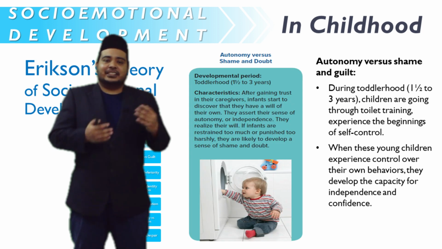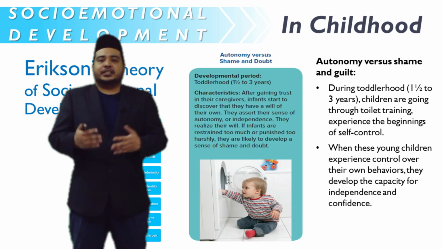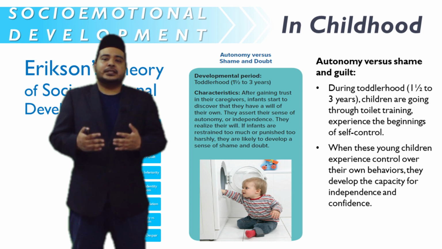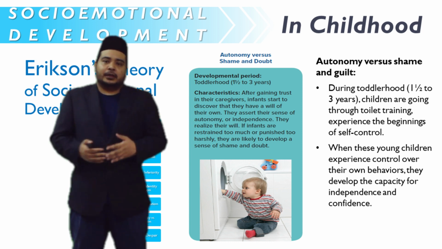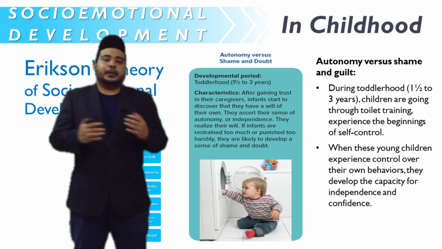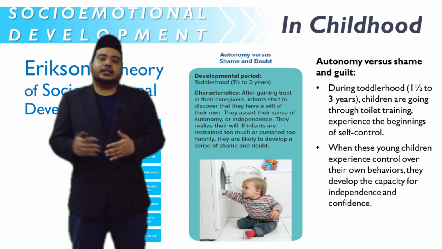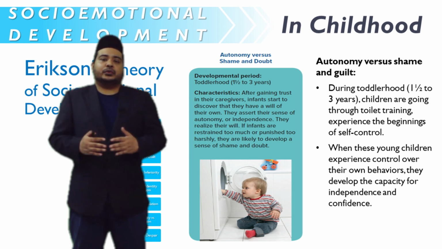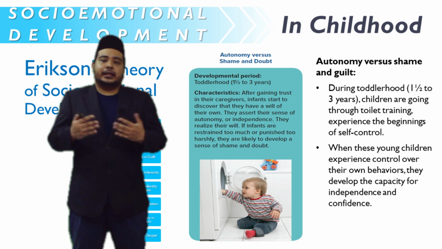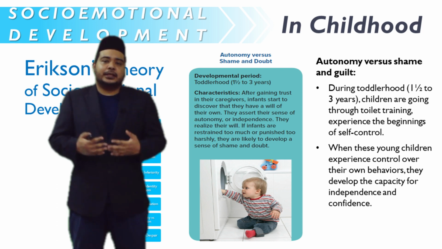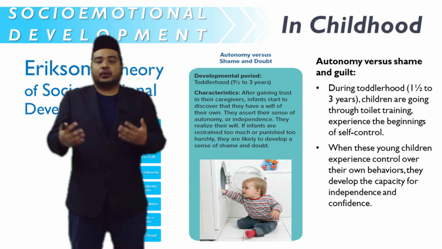The second stage in infancy and childhood is autonomy versus shame and guilt. During toddlerhood, between 1.5 years and 3 years, children are going through toilet training. At this stage, they experience the beginnings of self-control.